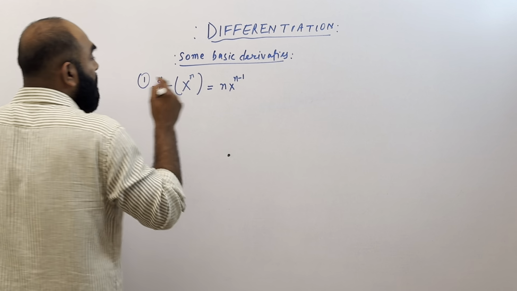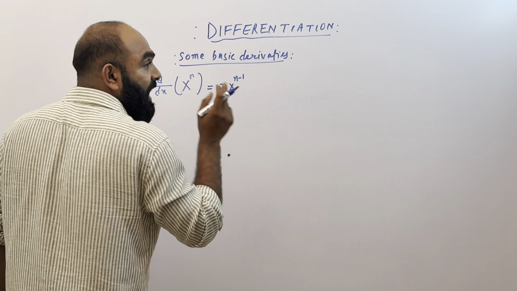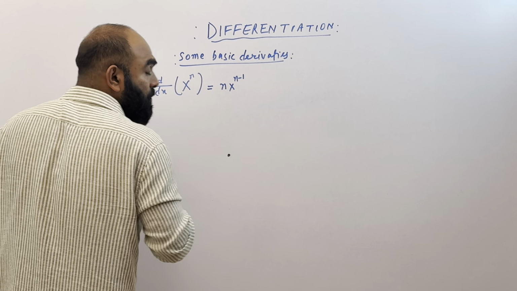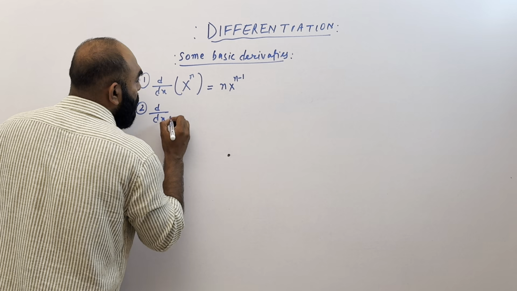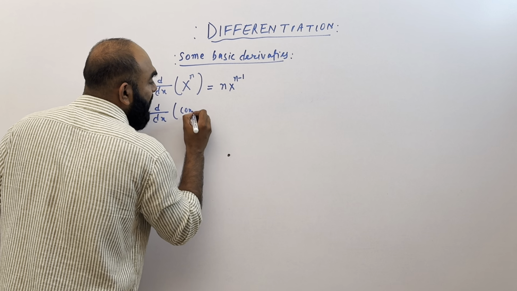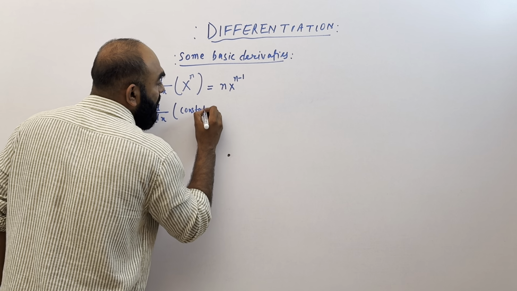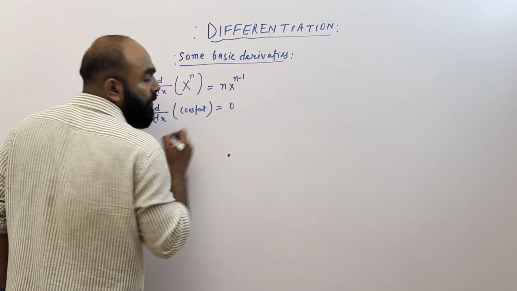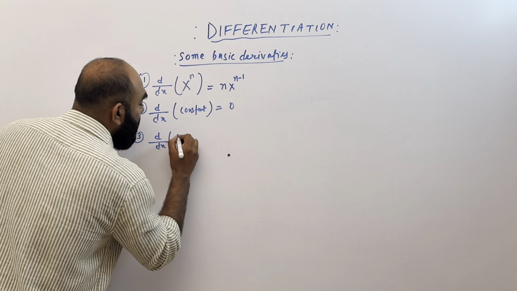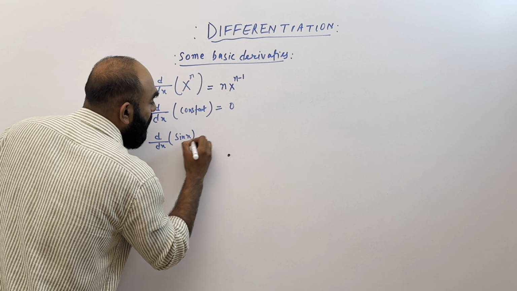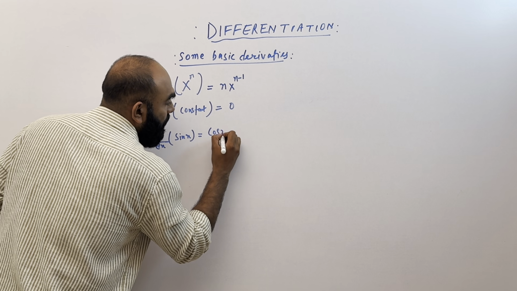So first one, d by dx of x to the power n is n into x to the power n minus 1. Second one, d by dx of any constant term will become 0. Third one, d by dx of sin x is cos x.